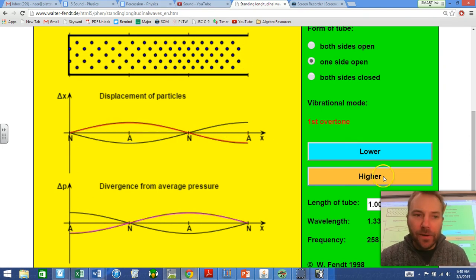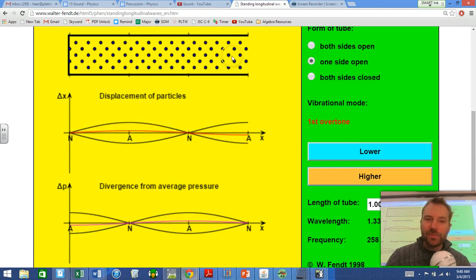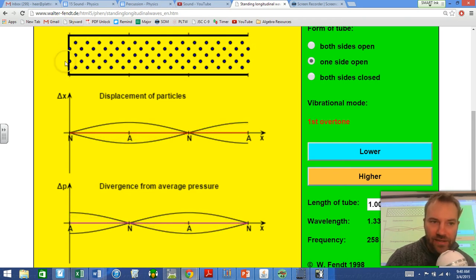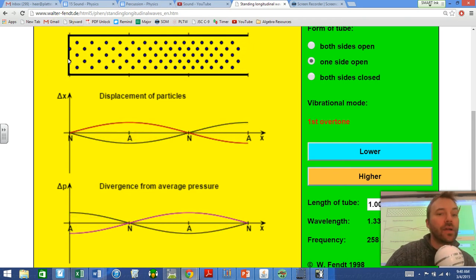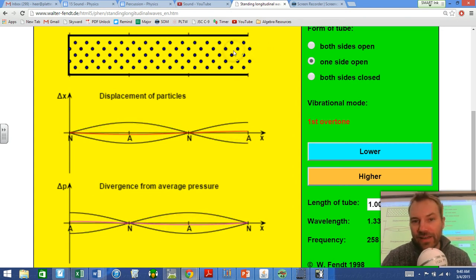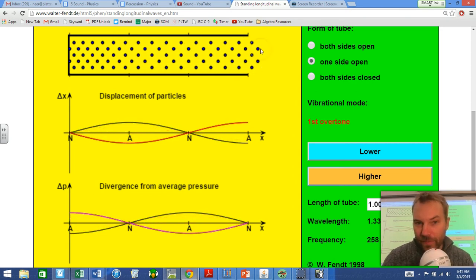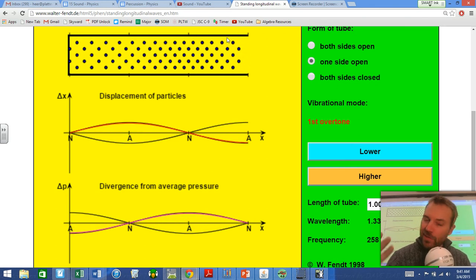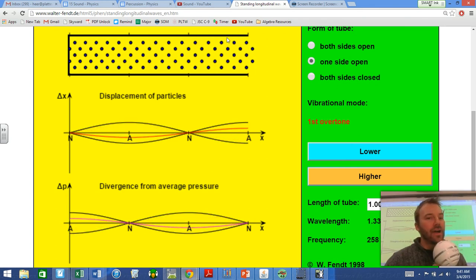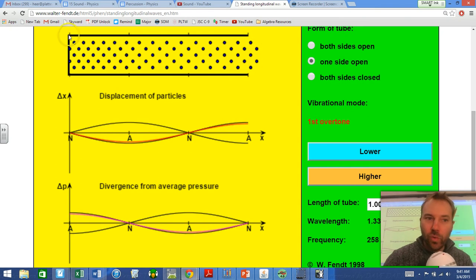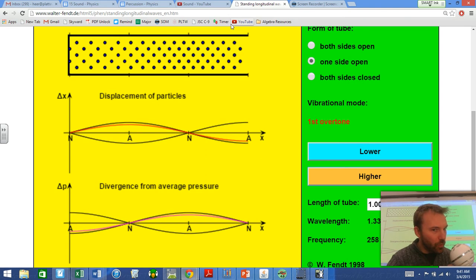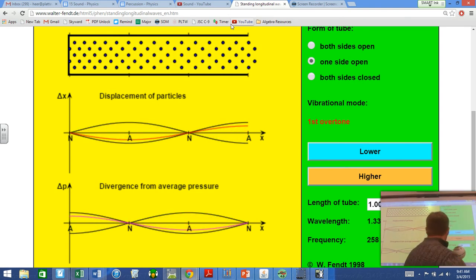It looks a little more complex, but what's still the same is that on the closed end I've got a node and on the open end an antinode. But remember, my tube remained a fixed length. It's the same length tube, but now this is no longer 1/4 of a wavelength. This is 3/4 of a wavelength. Do you see it?